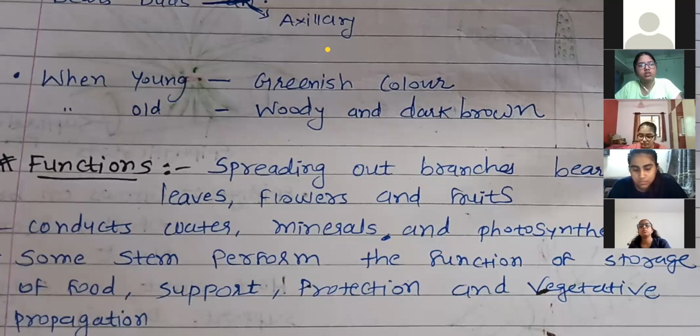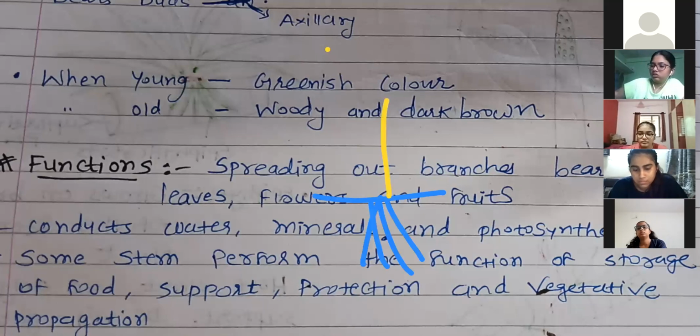So depending on those conditions, the spreading of branches happens, because branches are where leaves, flowers, and fruits are there. This is actually carried out by the shoot axis. Then next, shoot axis. This is the root, then the stem axis, and then over here the leaf.